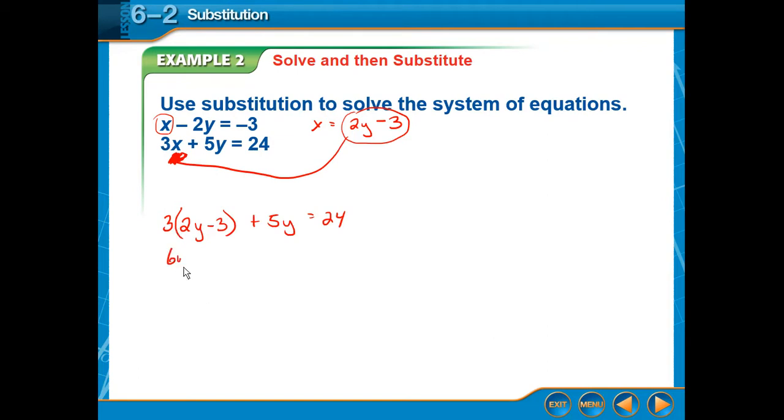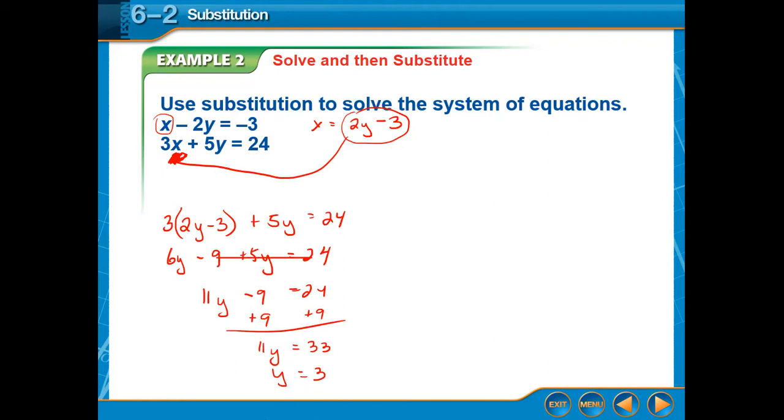So we're going to get 6y minus 9 plus 5y equals 24. I want to combine like terms. So I have 5y and 6y makes 11y minus 9 equals 24. I'm going to add 9. So I get 11y equals 33. So then y is 3. So that's step 1 and 2.